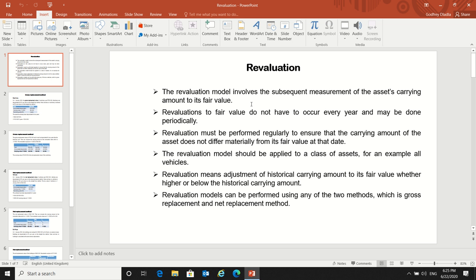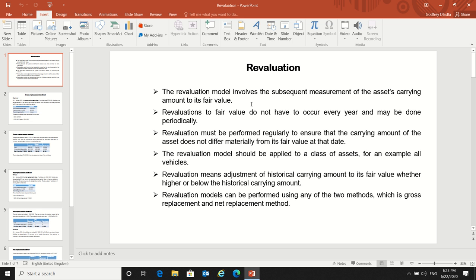Or you can revalue above its carrying amount, which is the revaluation. But sometimes an asset can go up in value. For example, you've got land that is 1 million, and you are told that that land is in a prime area now. It is in an upmarket area now, and most people want to buy it for 5 million. So it will appreciate in value.